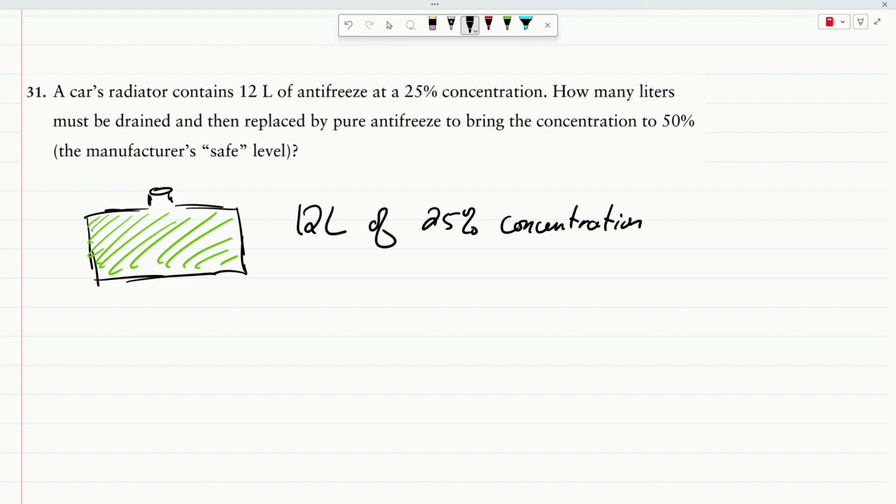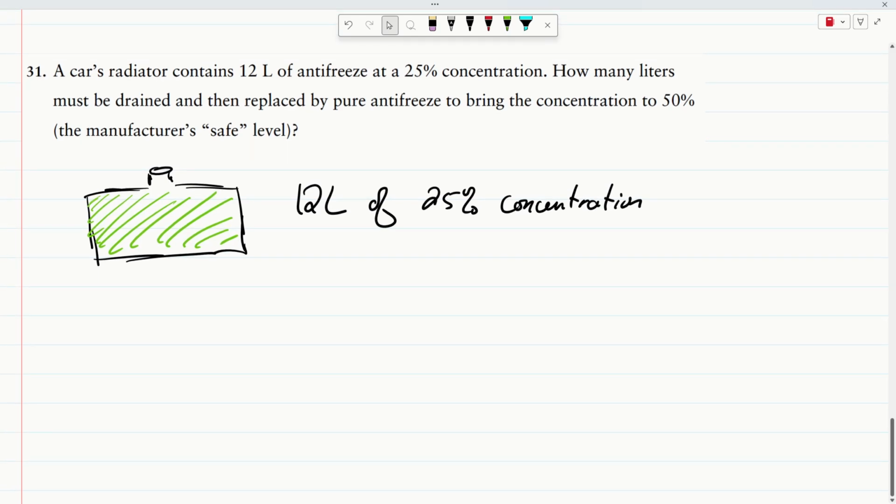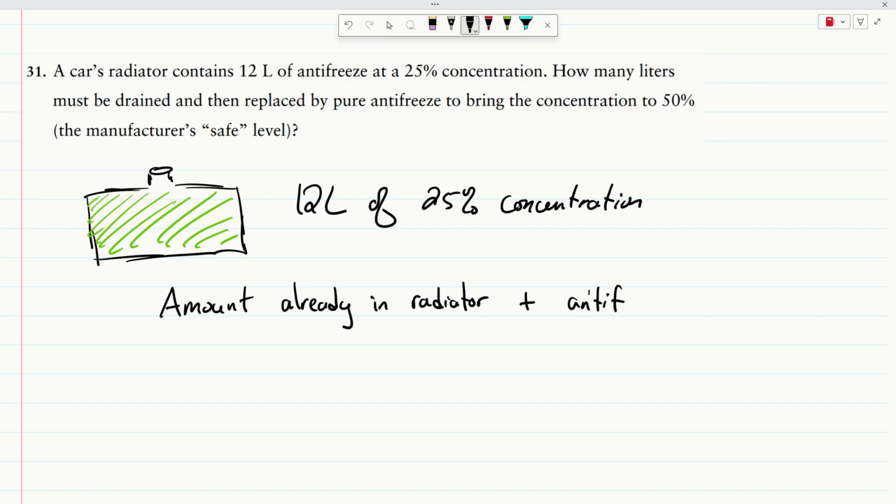So let's think about this. We have the amount of antifreeze already in the radiator. We know we're going to add some antifreeze.